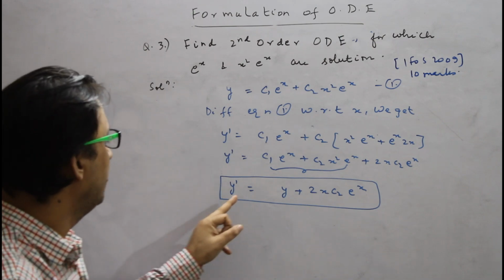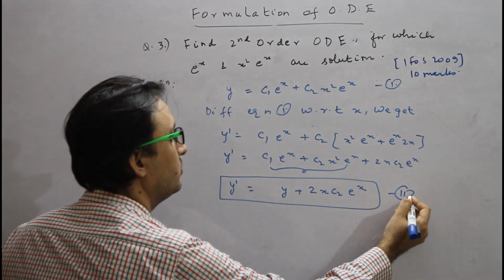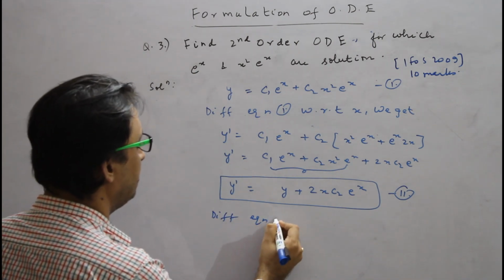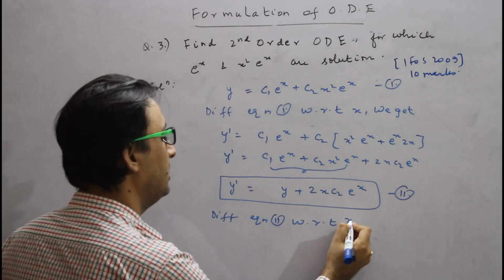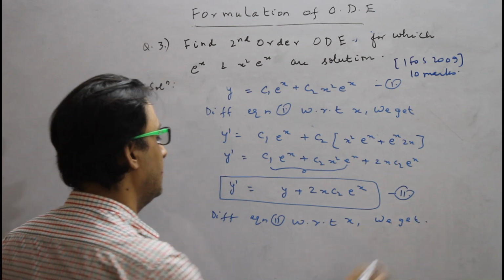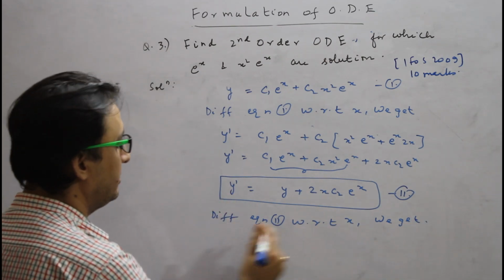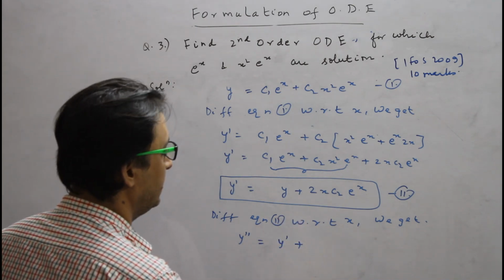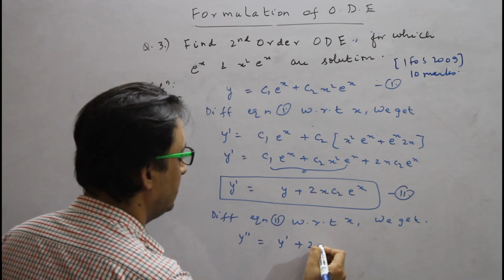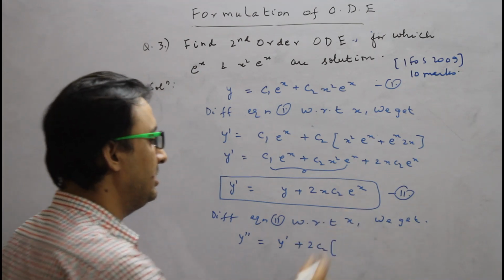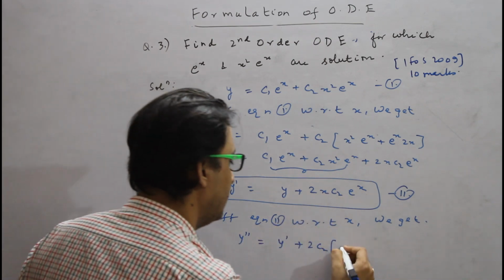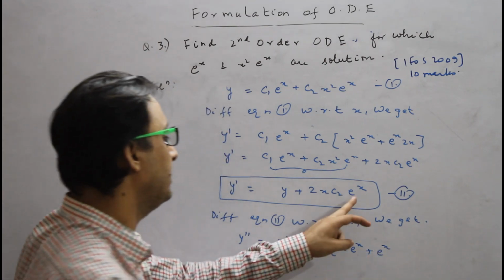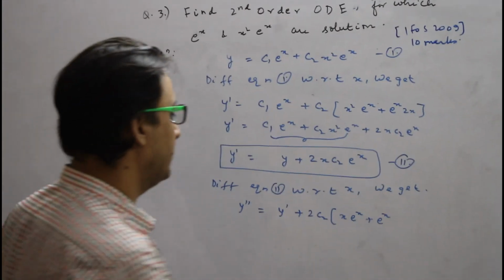Now I can call this my equation 2. Now I will again differentiate equation 2 with respect to x. We get y double dash is equal to y dash plus, if we take 2c2 as common and differentiate, I take x as constant, so the derivative of e to the power x is e to the power x. Now I take e to the power x as constant and differentiate x, so that is 1.